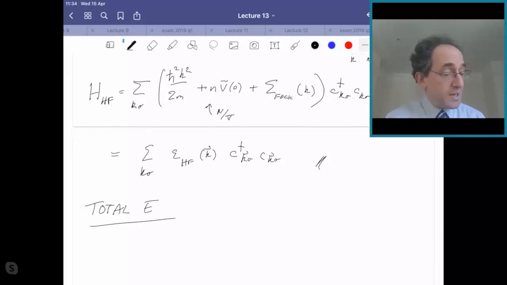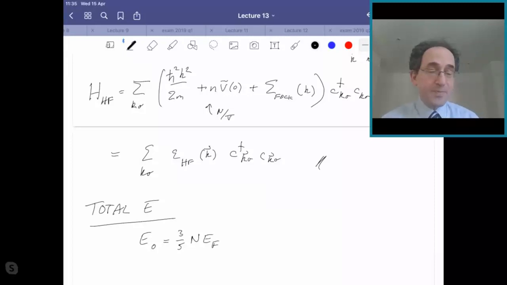There's the kinetic term. This is an exercise that we assign our students in second year Stat Mech: to show that the energy of a filled Fermi sea is 3/5 the total number of particles times the Fermi energy. If you don't remember how to do that, it might be worth reminding yourself.